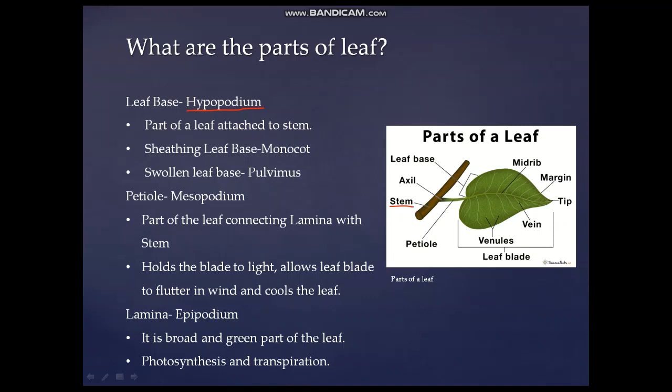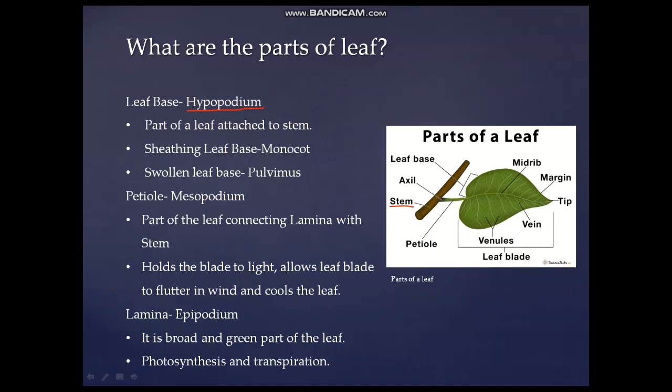Leaf base is modified in some plants, like in monocot, leaf base shows sheathing. When leaf base becomes swollen, it is known as pulvinus, in case of legumes.